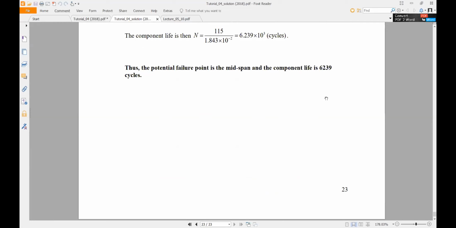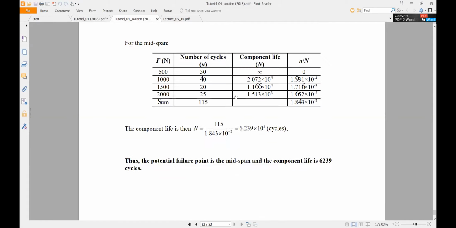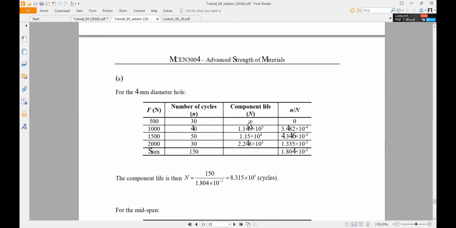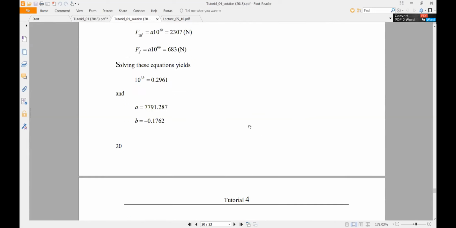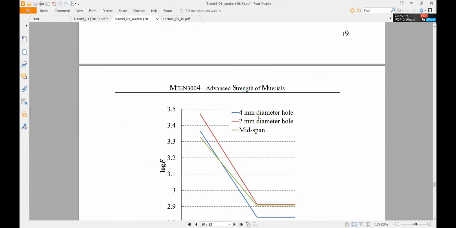I think you did it with the strength, no? Yes, sir. If you are going to do this calculation with the strength, you need to define the 4 millimeter diameter hole SN equation, the 2 millimeter diameter hole SN equation, and the mid-span SN equation, define the 3 tables, and find out the component lifetime, and the least value will be the answer.